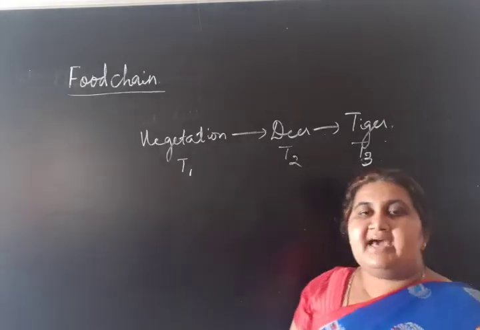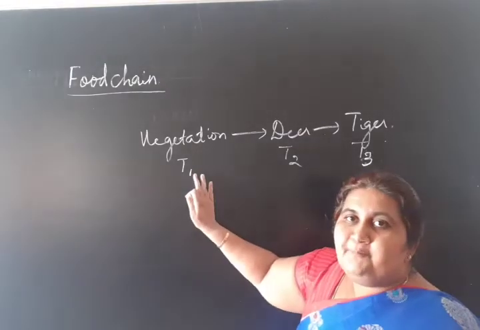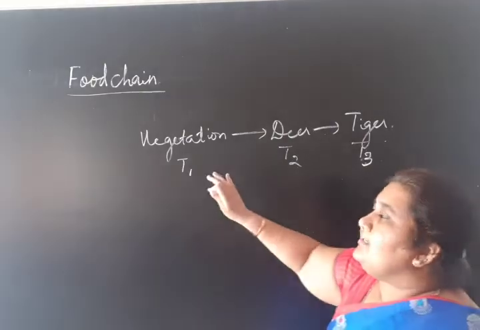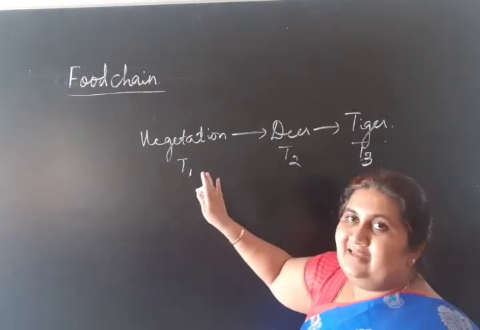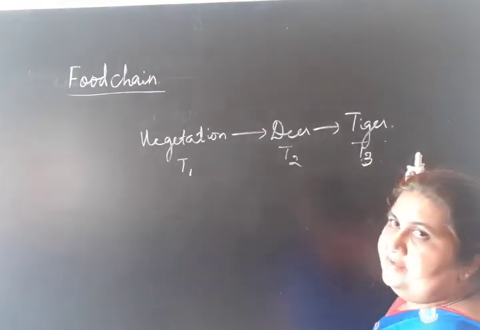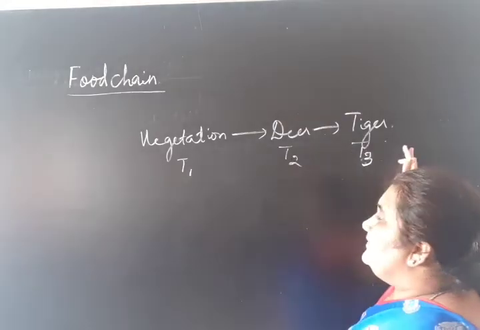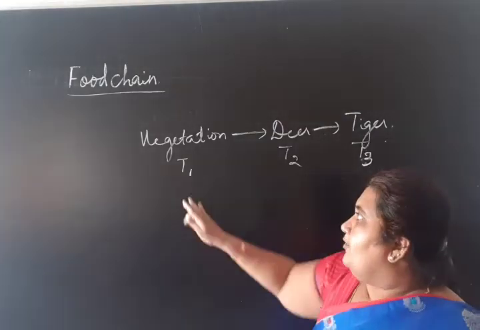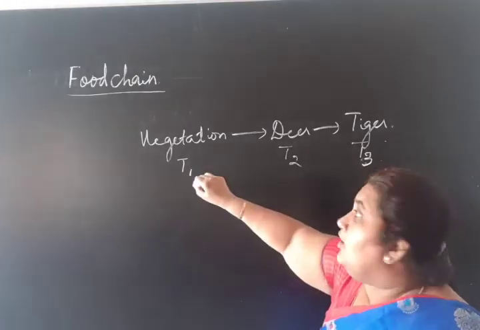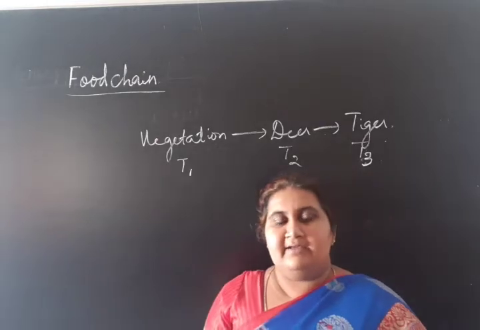Another characteristic feature: the population size of organisms at the lower trophic level is larger. As we move towards higher trophic levels, the population size goes on decreasing.